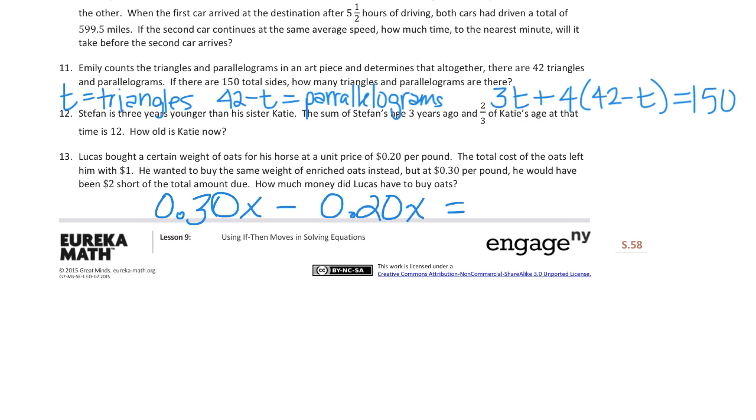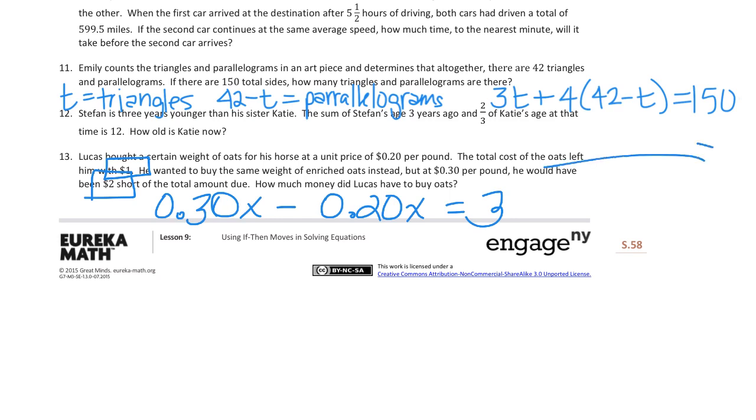Now, for my number on the end, we have to do some mental math. Okay, when he bought the cost of the oats, he had $1 extra. If he had bought the same amount of weight with the enriched, he's $2 short. So the difference between -2 and +1, it's a $3 difference.